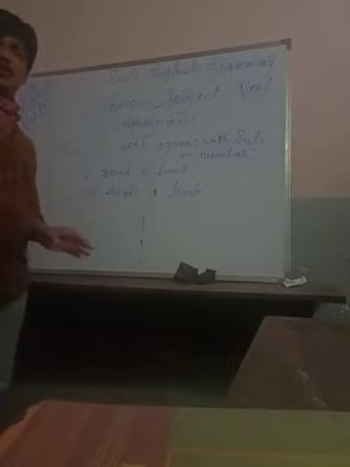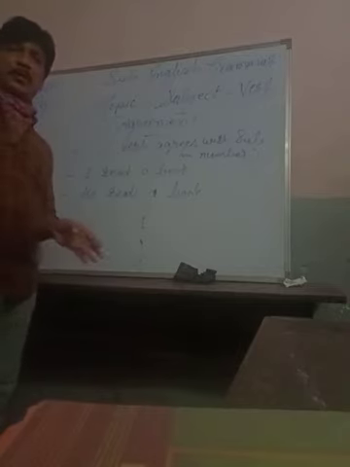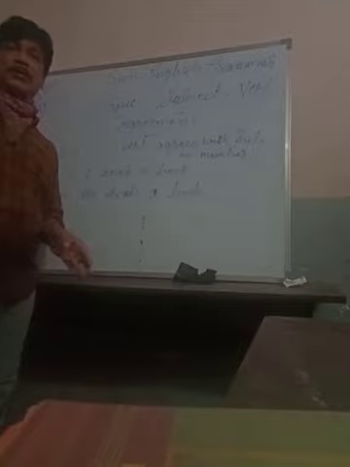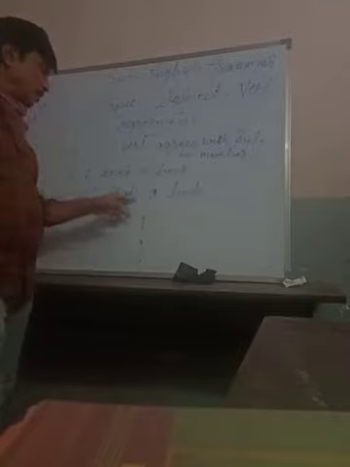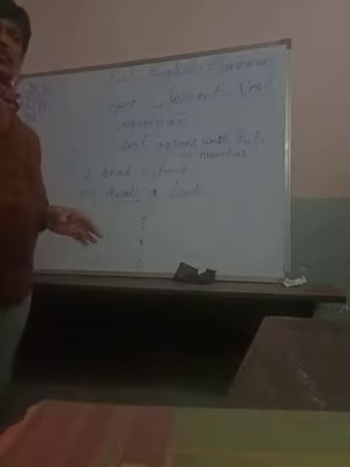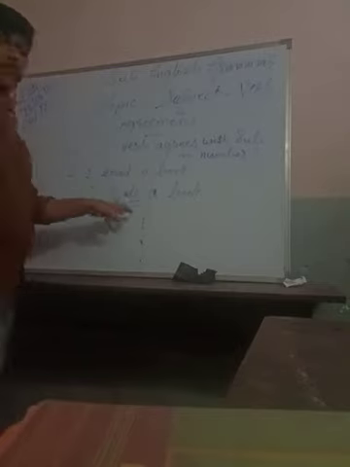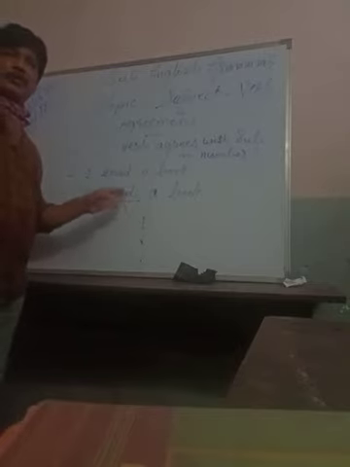Look now, he, she, it: these are the pronouns which take the verb in simple present tense with s or es added to it, meaning the verb comes with these pronouns having s or es at the end.